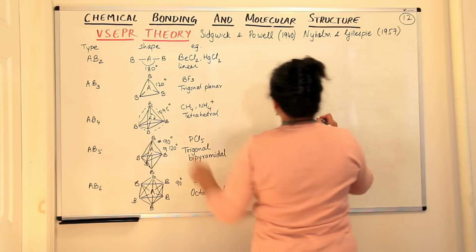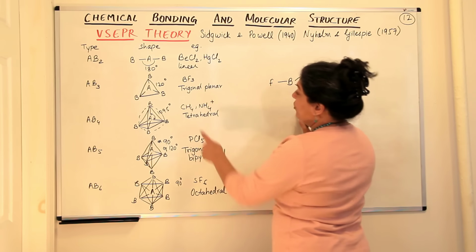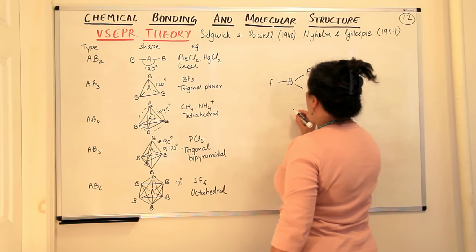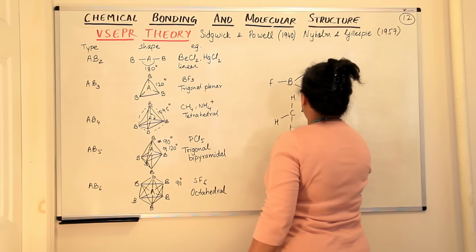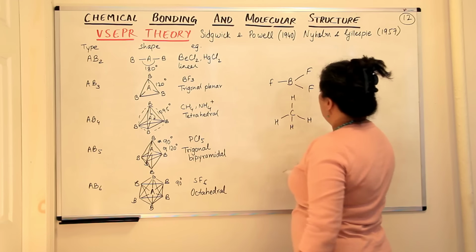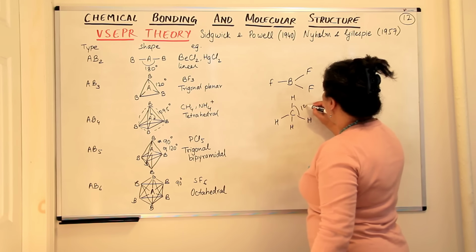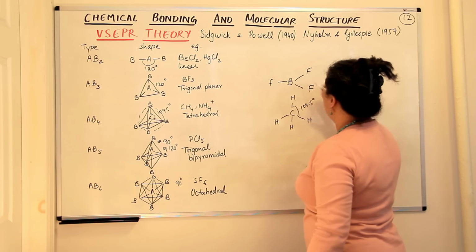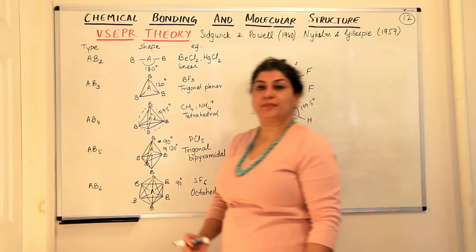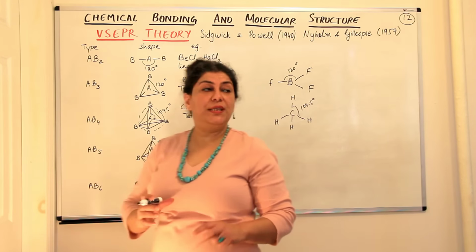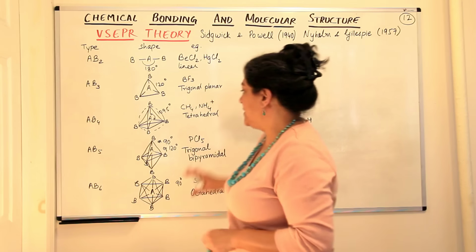And if I just made the bonds of this molecule, examples are methane and the ammonium ion: carbon, H, H, H, and H. So, what's the angle? 109.5 degrees. Here all angles are 120 degrees. Do you see this? So we make the structure of methane, and methane would be 109.5 degrees.